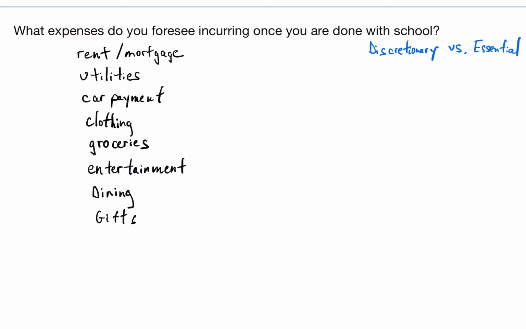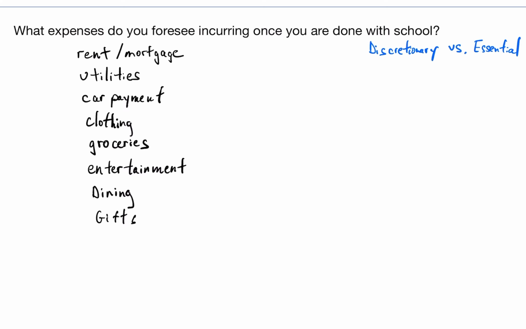Now, essential expenses are expenses that you absolutely need, right? Expenses you need to spend that kind of money to be able to, quote unquote, survive or live day to day. And then discretionary expenses are expenses that are nice to have. You don't really need them, but it is a nice to have.